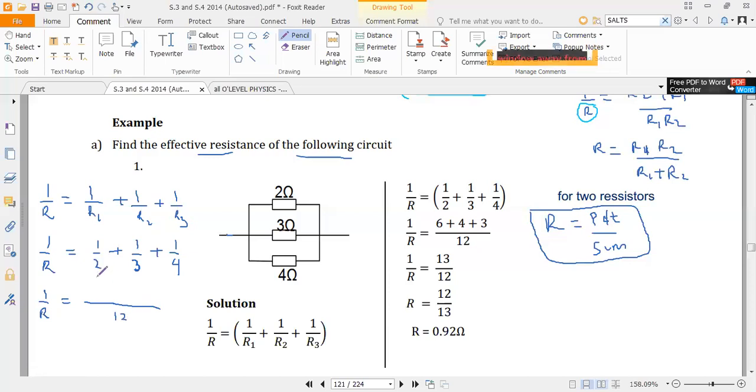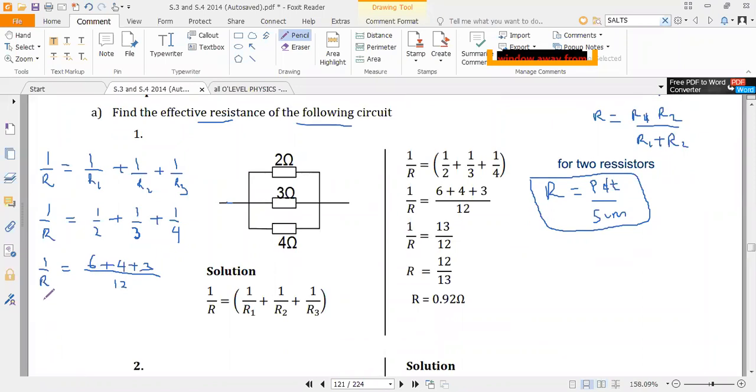So 12 divided by 2 is 6, 6 times 1 is 6; 12 divided by 3 is 4, 4 times 1 is 4; 12 divided by 4 is 3, 3 times 1 is 3. So finally, we end up with 1/R equal to 13/12.